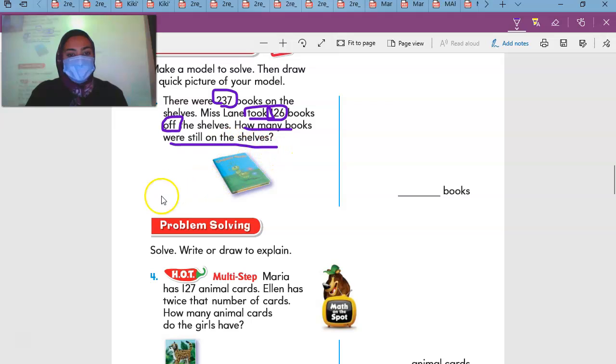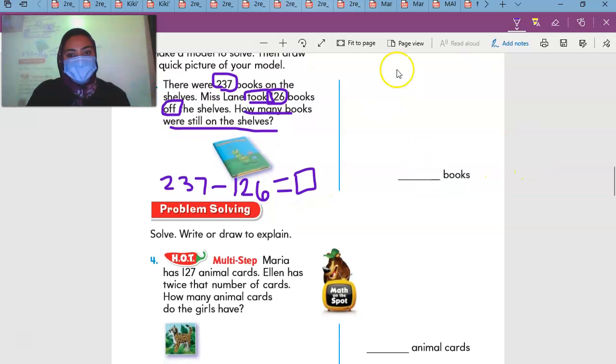So, if she had 237 books on the shelf and she took off 126 books, how many books were still on the shelf? Equals empty box. They want you to draw the number sentence for this, so make sure you draw that there. And then you're going to subtract 237 take away 126, and then you can pause the video to find the answer.